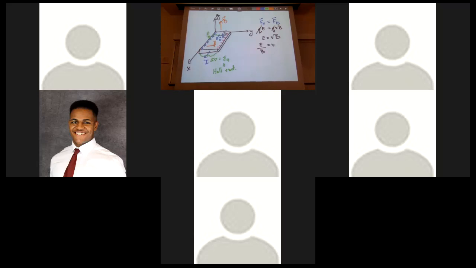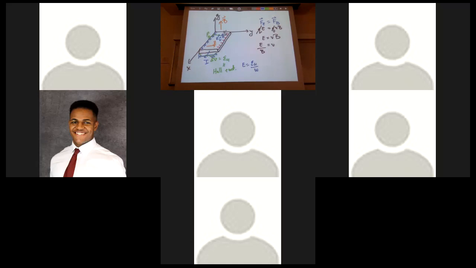Now, to measure the Hall potential, what do we also know? If this thing has a width, let's call it W, then the electric field is related to the Hall EMF by the width.